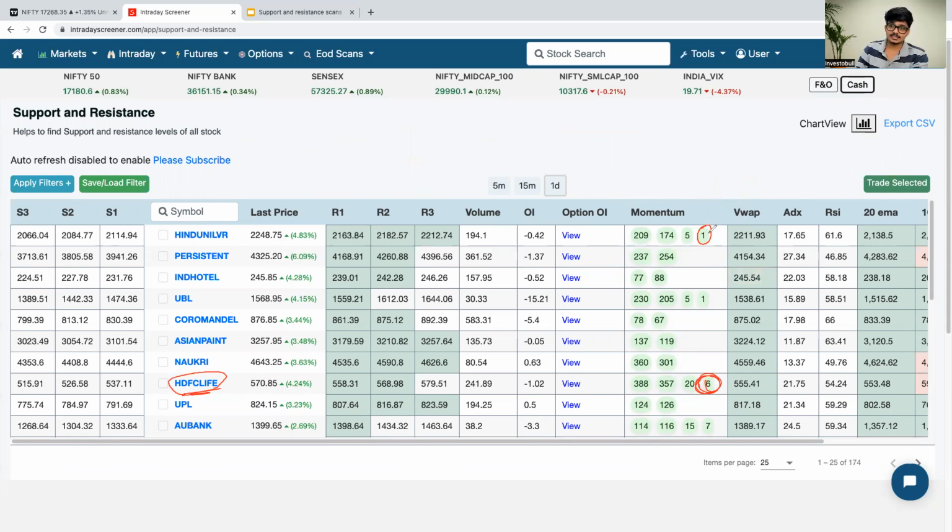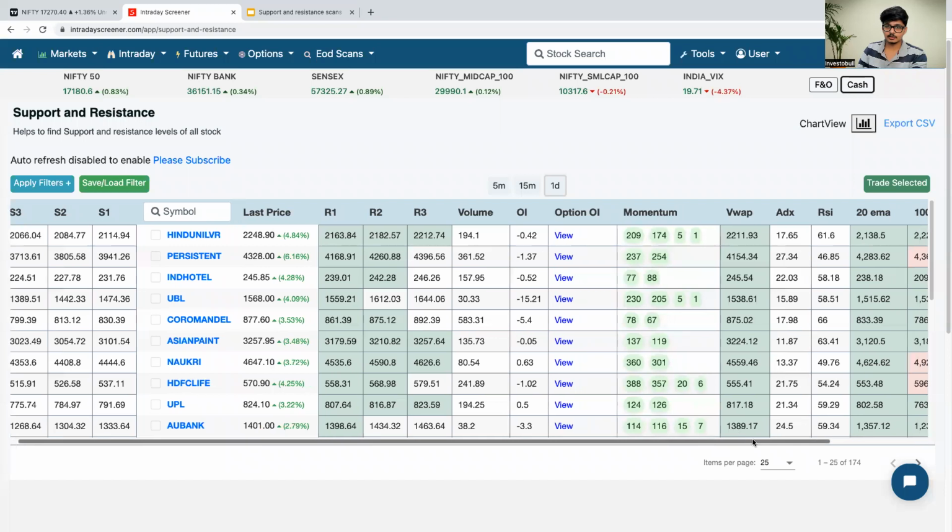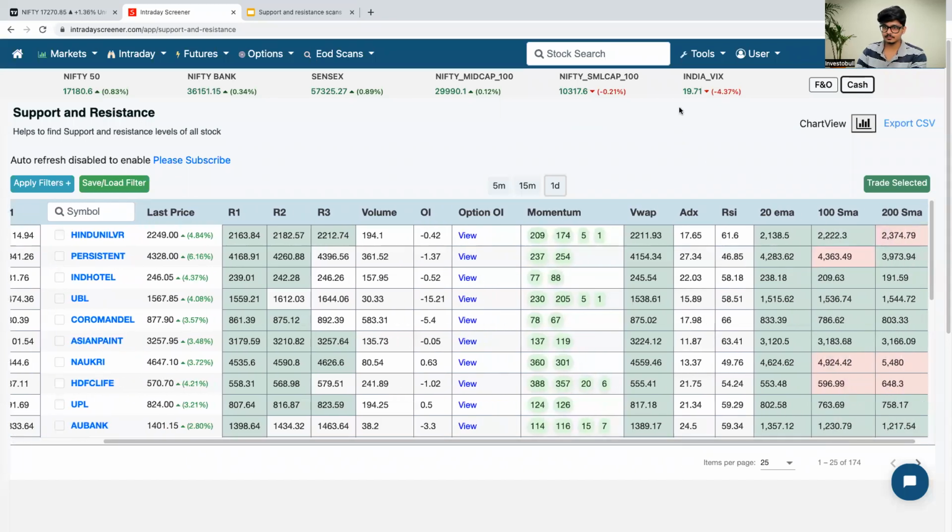So you can clearly see that this specific sector, Hindustan Unilever, is stronger when compared to the life insurance sector. We would suggest you take intraday trades, especially in stocks which are part of the strongest sector on the current trading day. I hope you have understood how to make use of momentum.